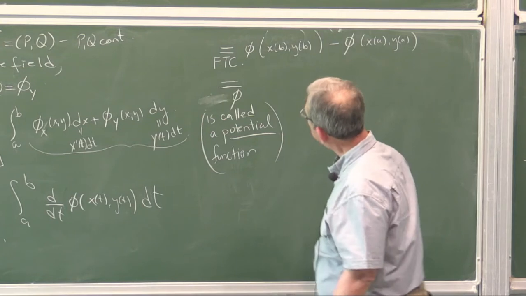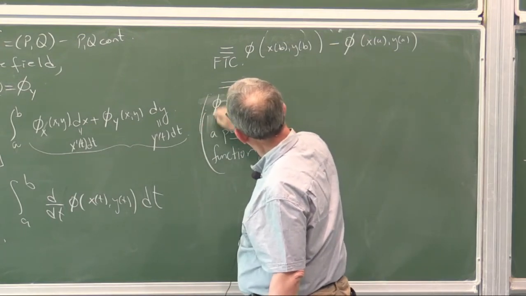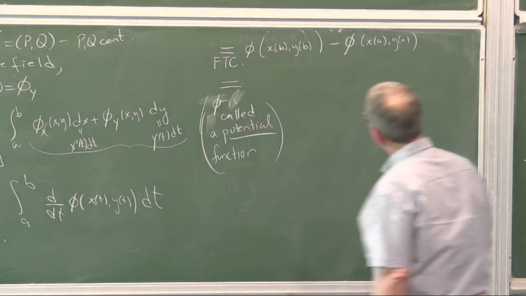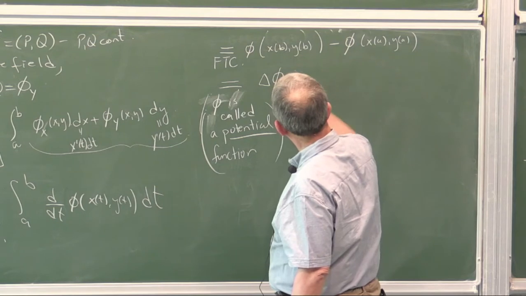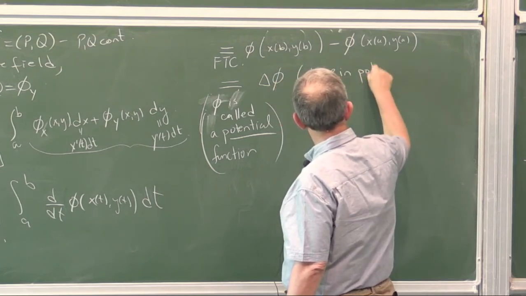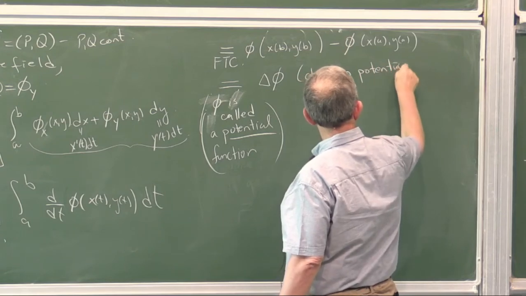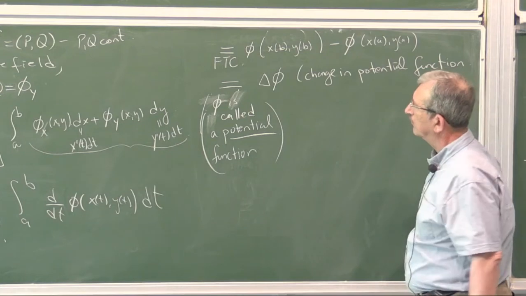So this is the change in phi. This is the change in the potential function.